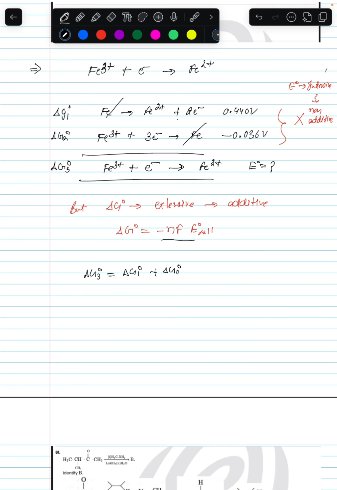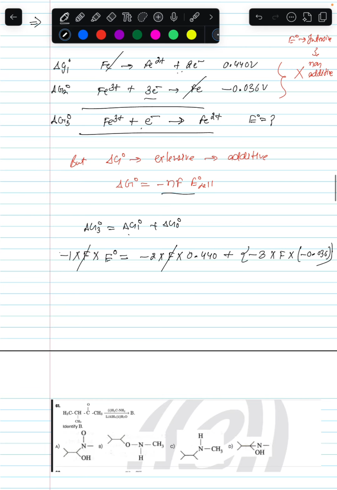So delta G naught is minus nFE naught cell. For the first reaction the n value is 2, and for delta G3 the n value is 1. So minus 1 times F times E naught cell, which we have to calculate, equals delta G1 with n value 2, so minus 2 times F times 0.440, plus minus 3 times F times minus 0.036.